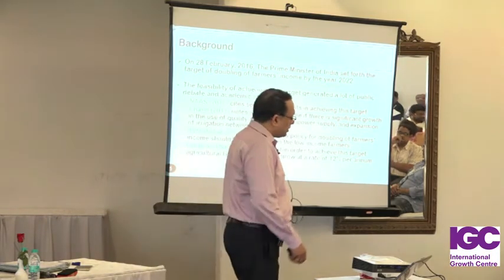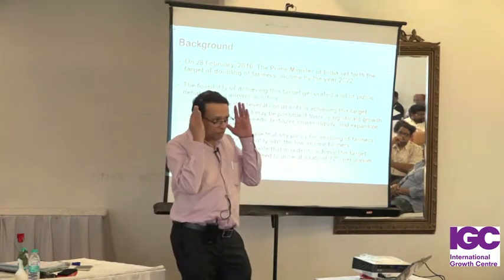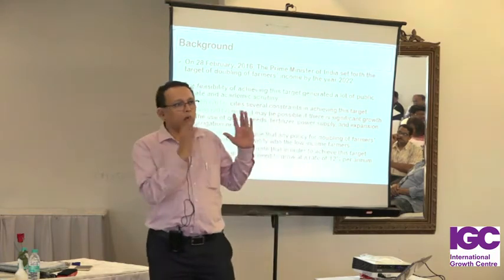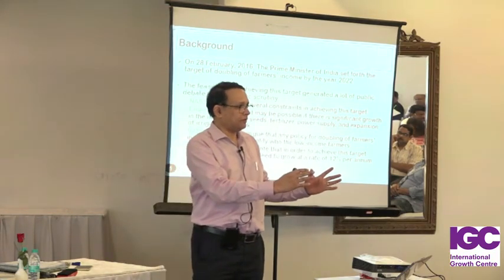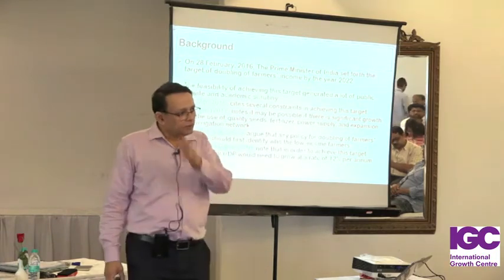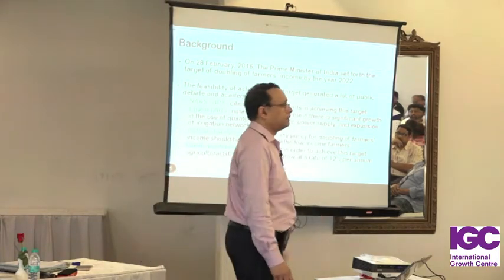All through, the stress has always been on physical quantitative targets. What is the food grain production target? So many million tons. You look at all the policy documents, plan after plan after plan.